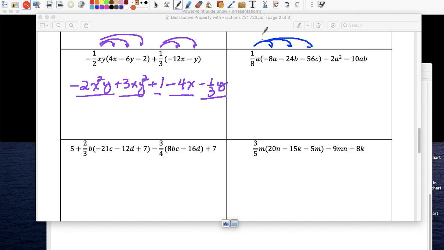Okay, this one. 1/8a times negative 8a. So it's going to be positive times a negative and negative. 1/8 of 8 is just 1, or 1a squared, because the a is multiplied. Positive times a negative is a negative. 1/8 times 24 is 3. Don't forget times a times b.